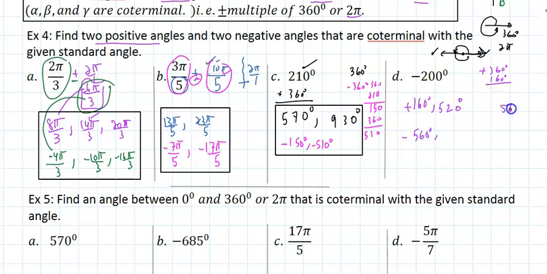And if I take negative 560 and subtract 360, negative 920 degrees. So, given any angle, I could add or subtract 360 and see if I get the next. And that's how it works.